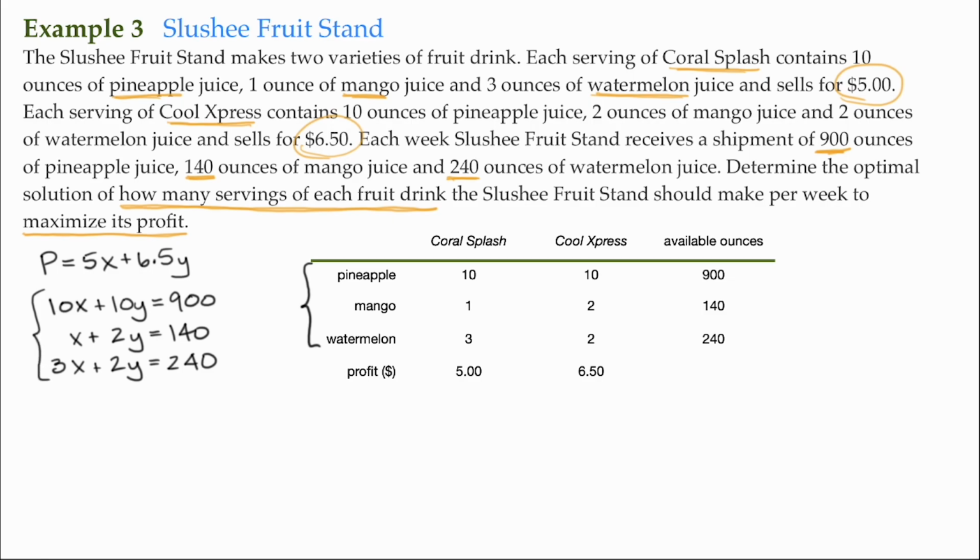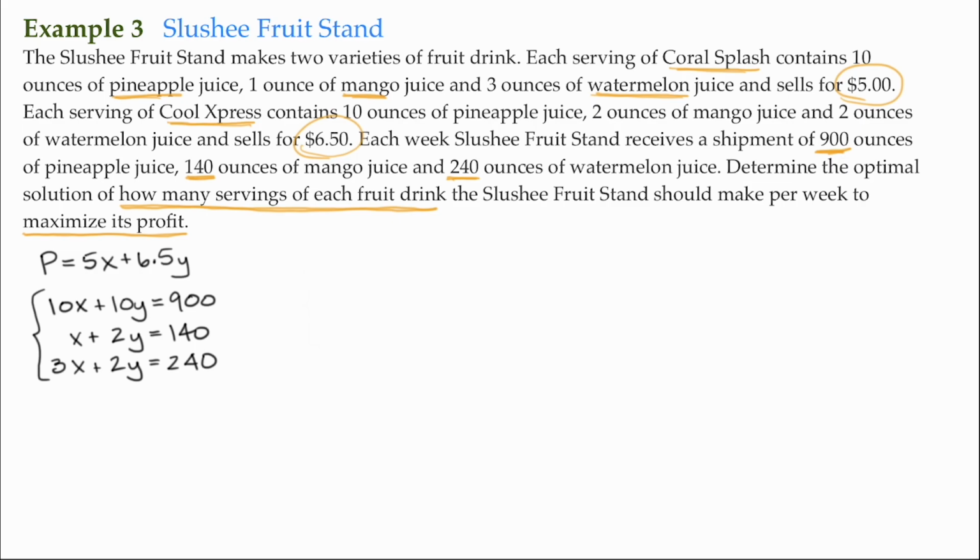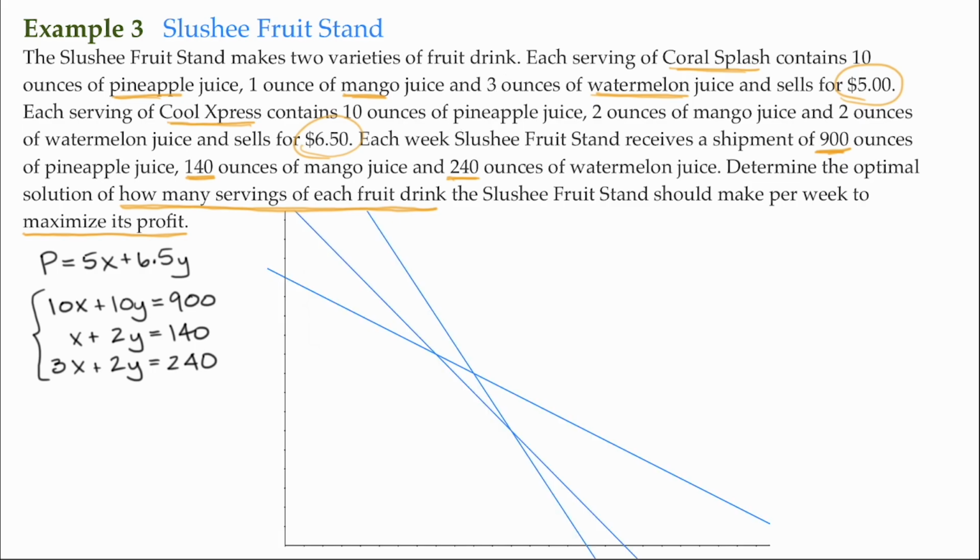So now that we created our table to help build our system, the next step is to graph the system. Now again, the graph doesn't have to be anything fancy or extremely accurate, but it should represent what's occurring with this programming problem. So I have this graph like this.